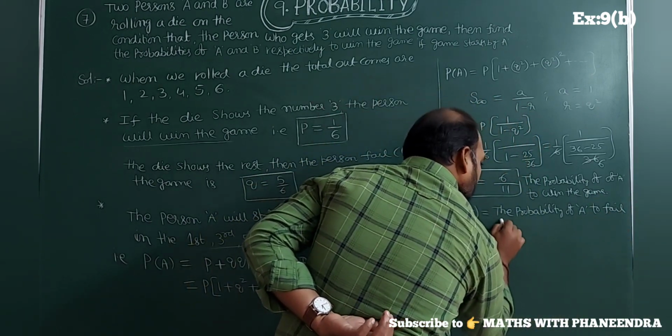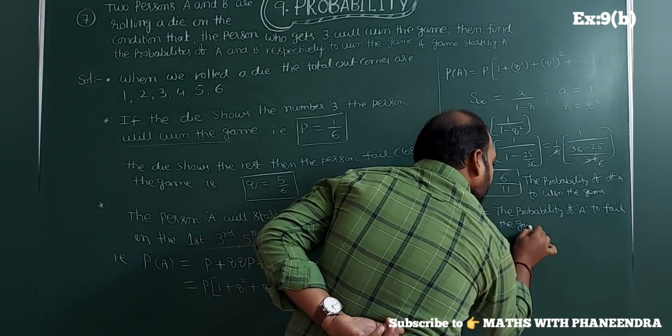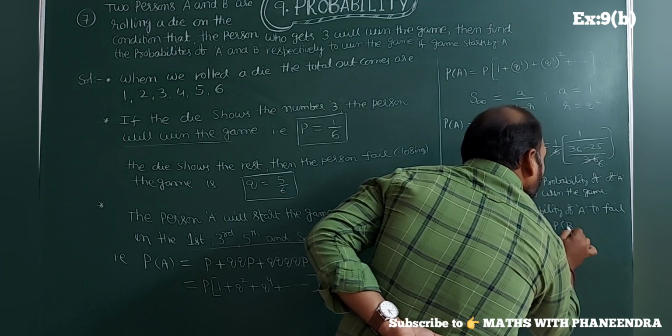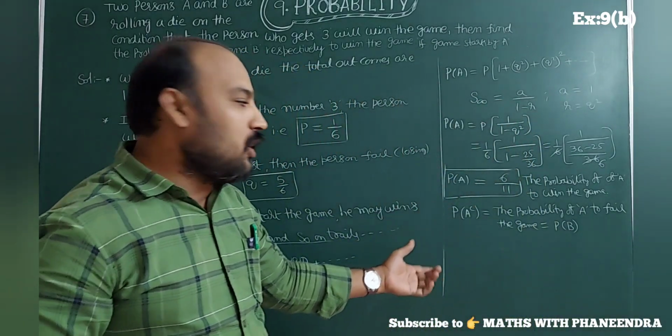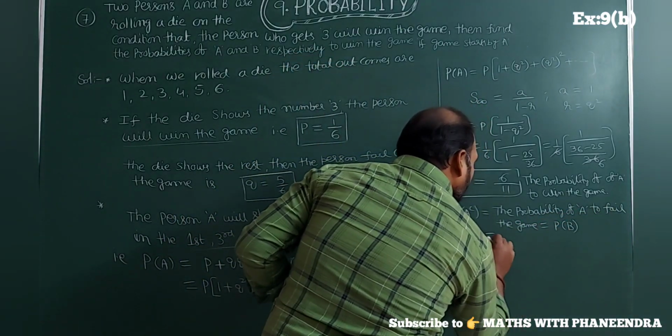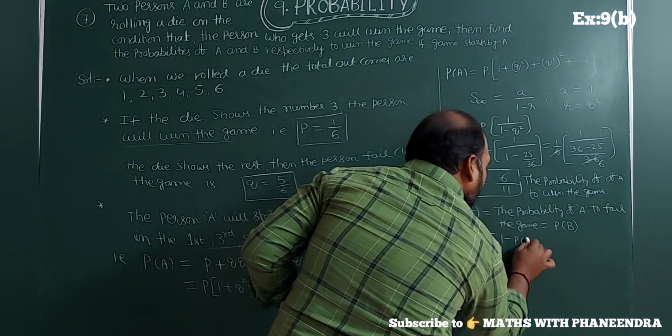That also equals the probability of B. So whenever A fails, automatically the probability of B will come. P of A fail means P of A complement, so that means 1 minus P of A.